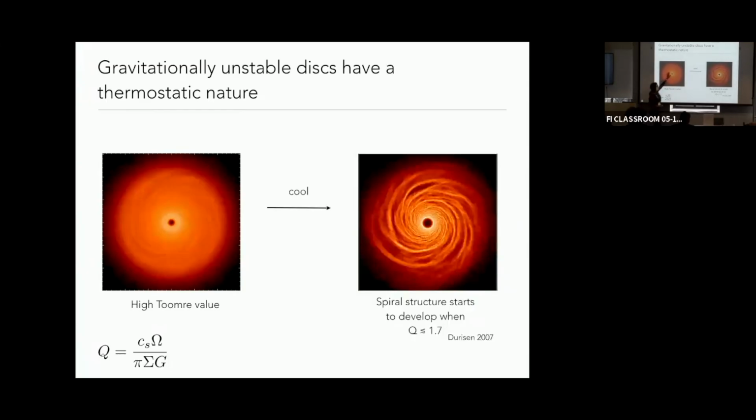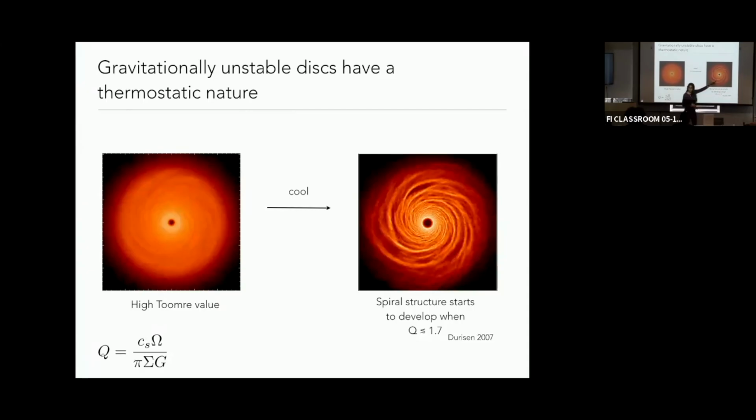What's happening is that over time, this disk can actually cool. So here's where the cooling plays a part, right? The sound speed, that's the temperature in the disk, right? So as the temperature goes down in the disk, you start to get towards a Q of 1, right? Or anything less than about Q of 1.7 is when you start to get these spiral structures forming.